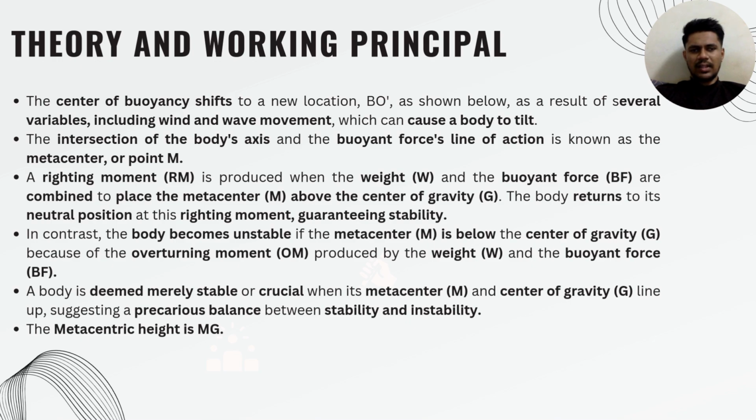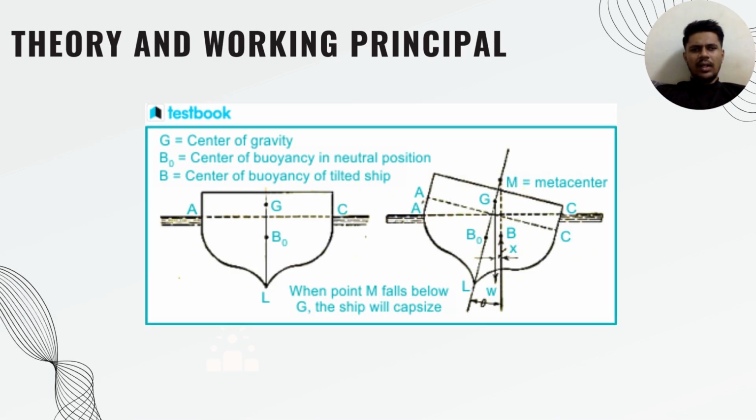The metacentric height is GM. G is the center of gravity, B0 is the center of buoyancy in the natural position, and B is the center of buoyancy after the tilt shift.